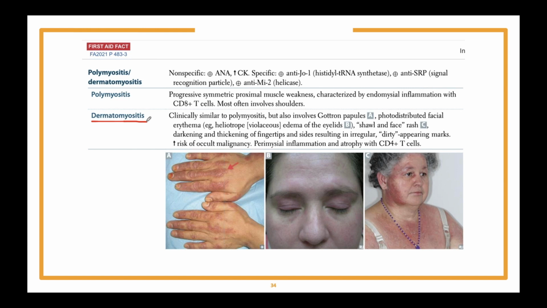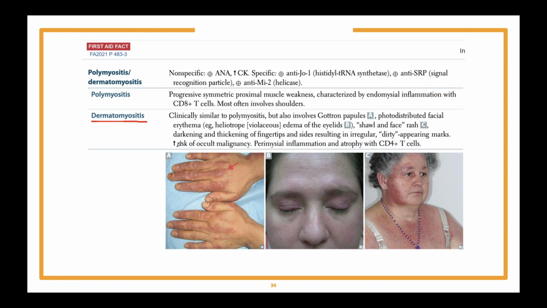Now, when you look at dermatomyositis, it can often be associated with a malignancy and also with lung disease, specifically interstitial lung disease. So that's probably why she was having dyspnea as well as crackles.